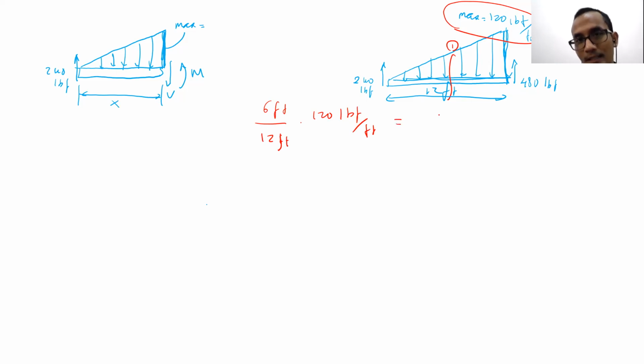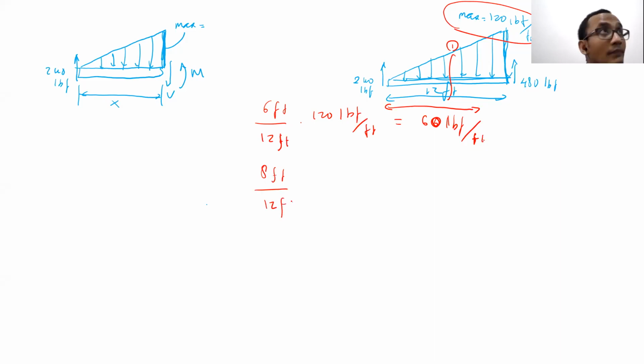So what you get is 60 lbf per foot. I see. If I want to find the distribution at 8 feet from the left, it's supposed to be 8 feet divided by 12 feet multiplied by 120. So it's 80.